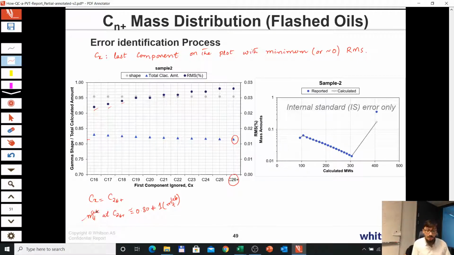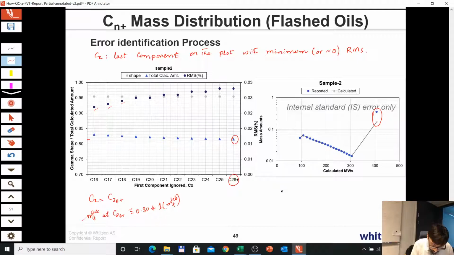And when we compare the mass amounts, the reported and calculated values, what you see from the gamma model fit of the data is that you are fitting all the data perfectly except for this last fraction. We know that if you have an internal standard error, that is going to give you a wrong total mass or total area, and that's going to affect the amount of the heaviest fraction.